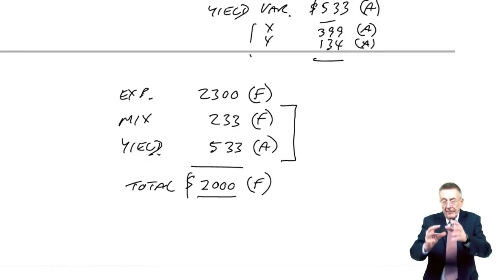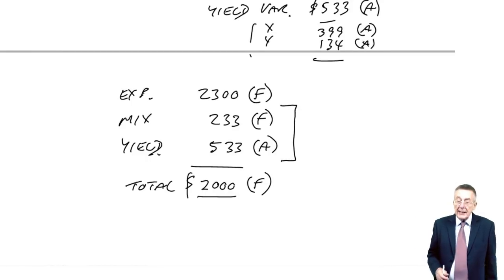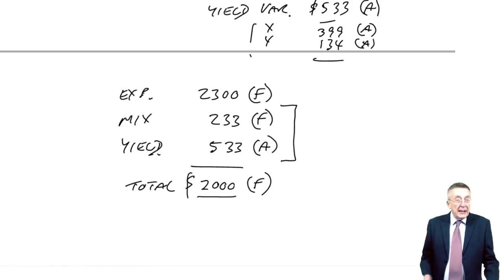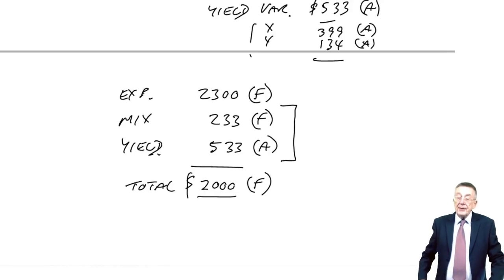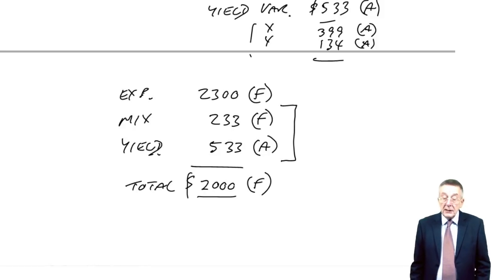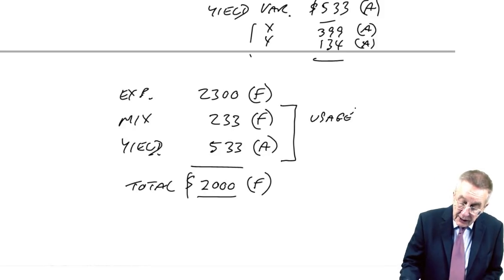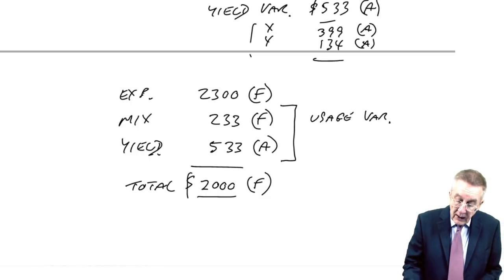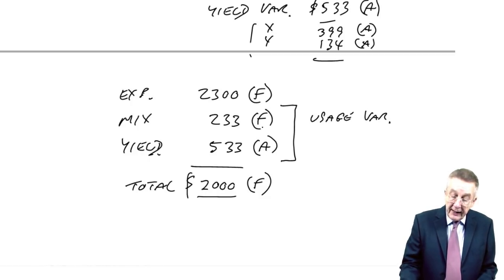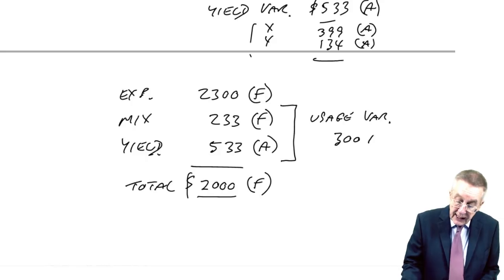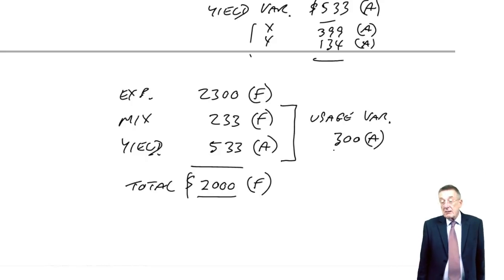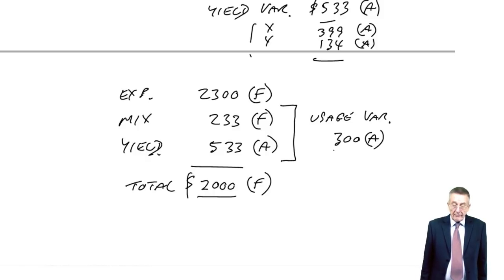They're both ways in which we've used it wrongly. Although you can calculate it separately, you never would be required to. If there's ever mention of usage variance, it's those two together. 533 adverse, 233 favourable, it's 300 adverse. So nothing to worry about there.